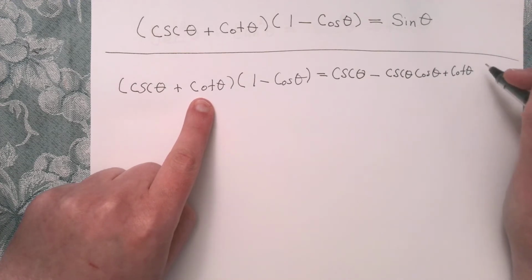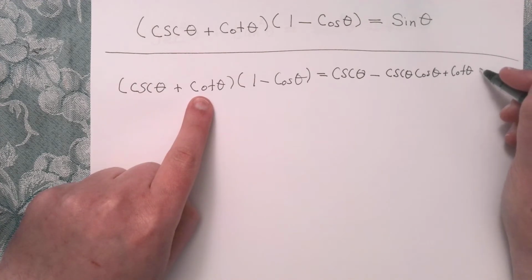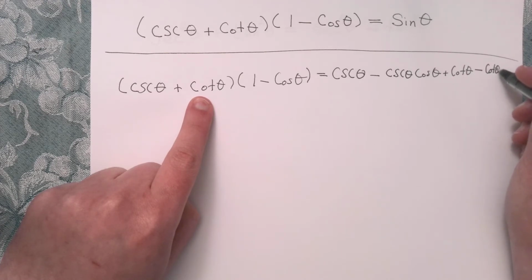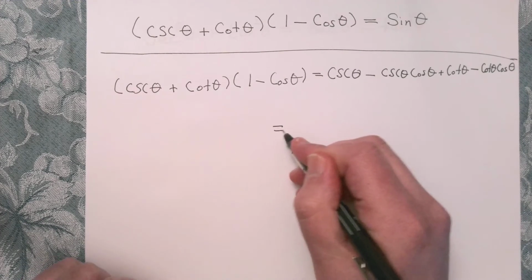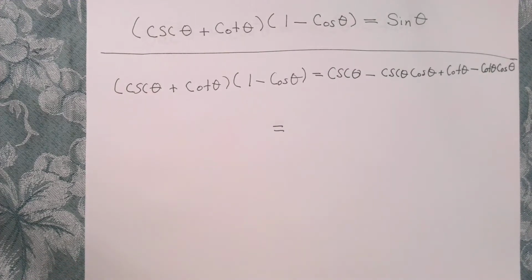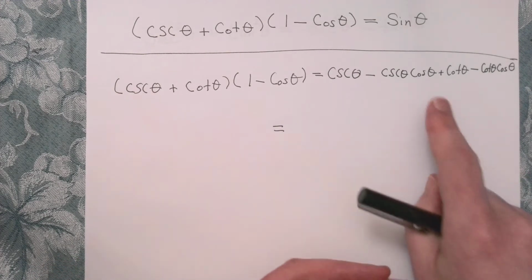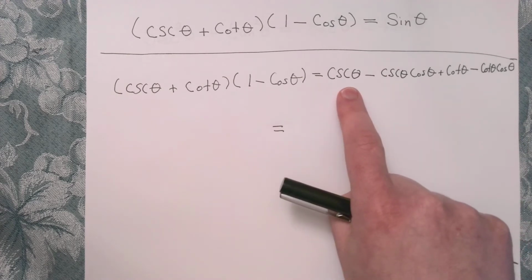Let's see what's going on here. So cotangent times cosine. Okay, so maybe, just maybe, we'll turn everything into sines and cosines now.